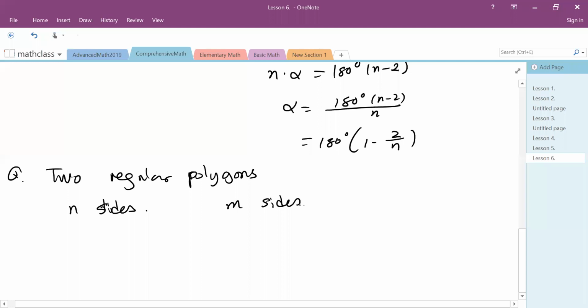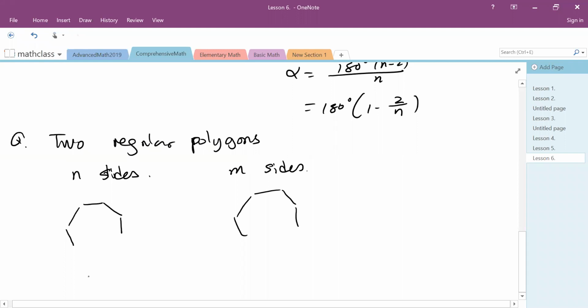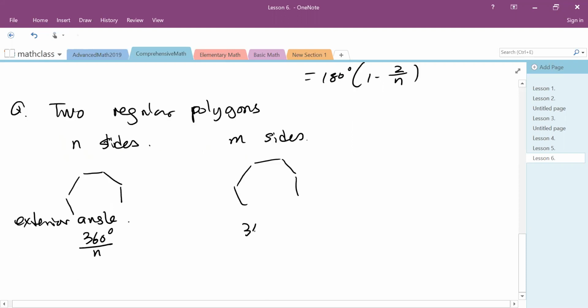The exterior angle, remember, in this case, this is just a polygon, right? So let's draw the picture. The exterior angle of this one is going to be 360 degrees divided by n, and this one will be 360 divided by m.